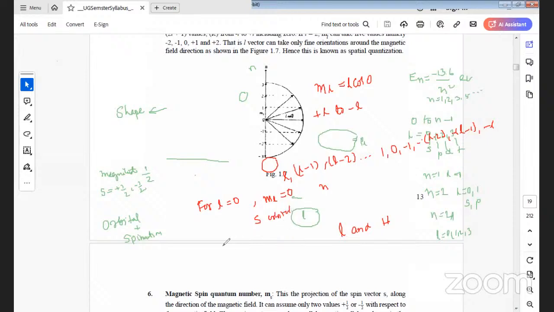If we take L equal to 1, we get a P orbital. Here ML can take the values plus 1, 0, minus 1.